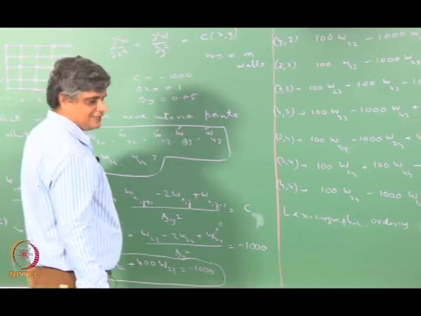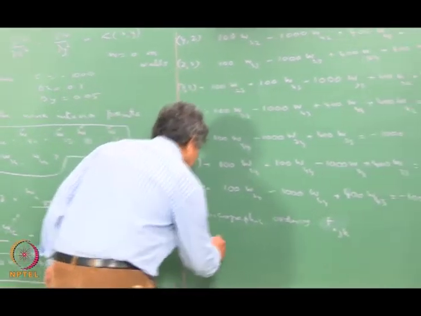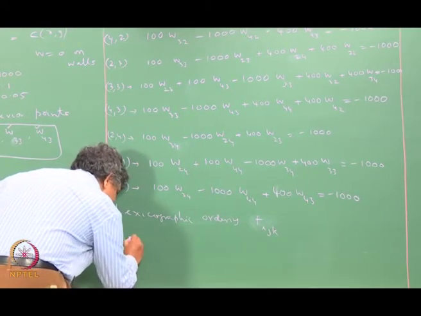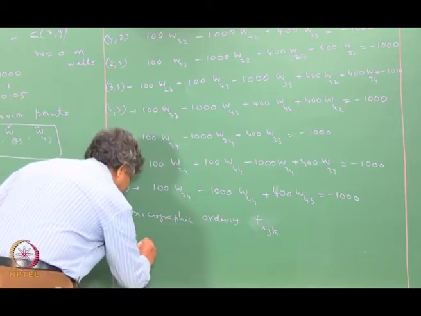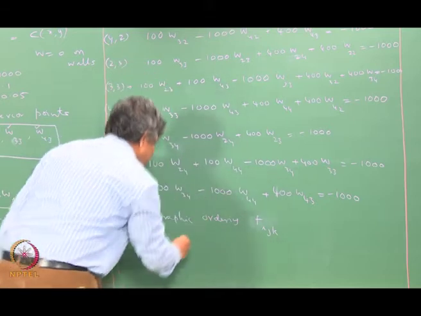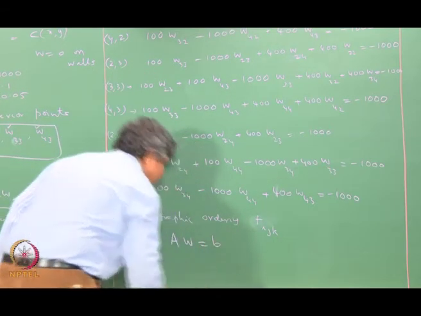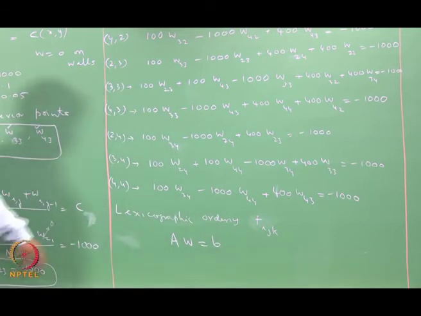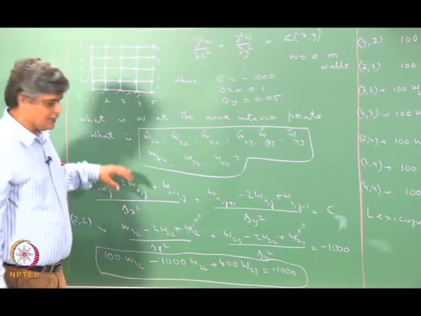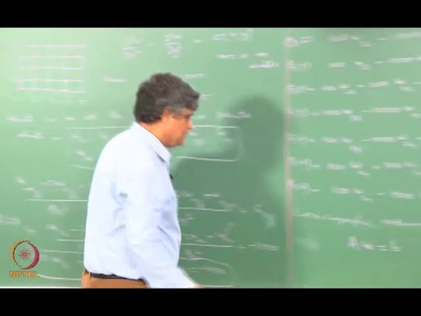We have 2 indices here, and let us define a variable matrix W. We would like to put all these equations in the form of AW equal to B, where W contains all the velocities which are unknown, and we would like to order them in a certain way, in the lexicographic way.